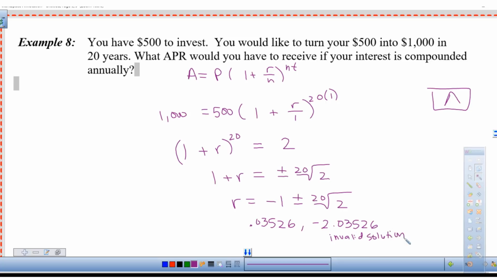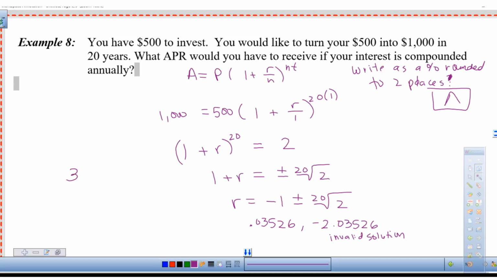Okay. Now, on the directions, it's going to say write as a percentage rounded to 2 places past the decimal. Is 0.03526 a percentage? How do I move it? How do I make it a percentage? Move it to the right.